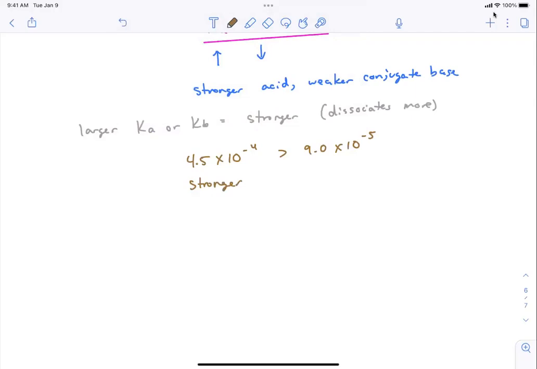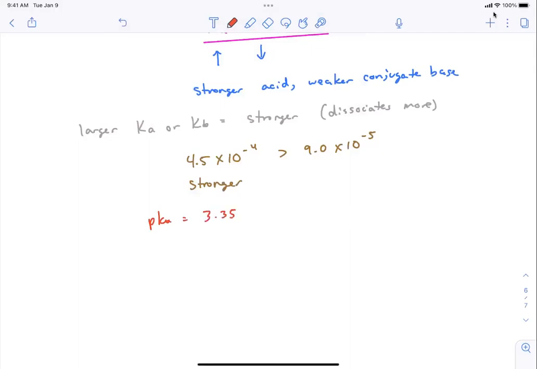But you also need to understand, if I give it to you in terms of pKa, it's also kind of backwards because pKa is a negative log. If I take the negative log of this constant, the Ka, it does the opposite relationship. So if I do the negative log of 4.5 times 10 to the negative 4, I get a pKa of 3.35.